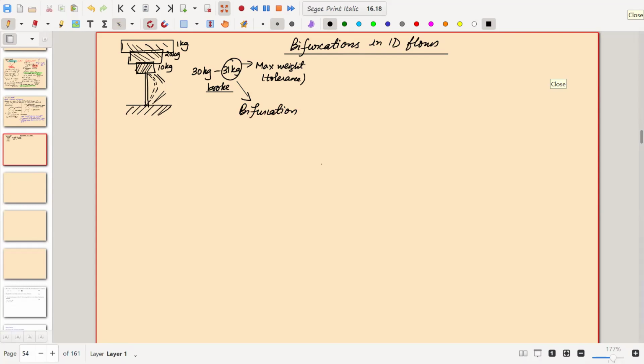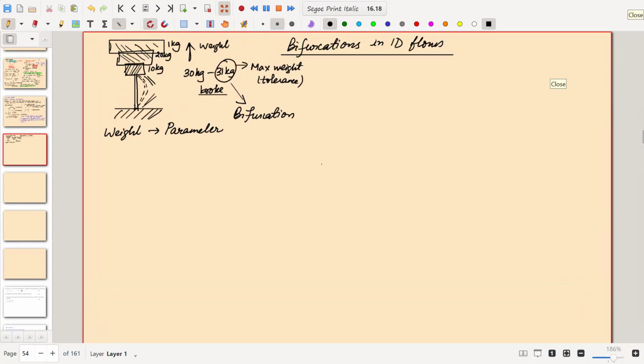We were increasing the weight, right? Weight is referred to as a parameter here. So the definition of bifurcation is as follows. As a parameter changes, the qualitative behavior of the vector field, or the flow, changes dramatically.